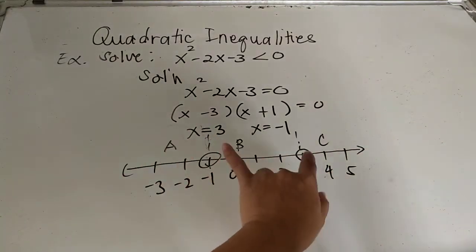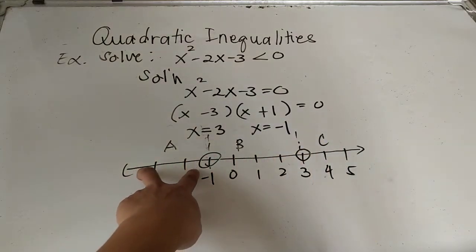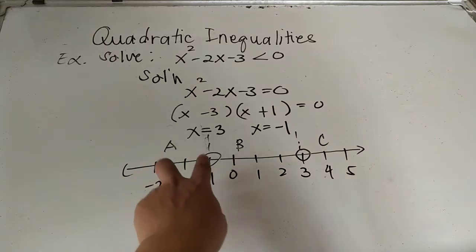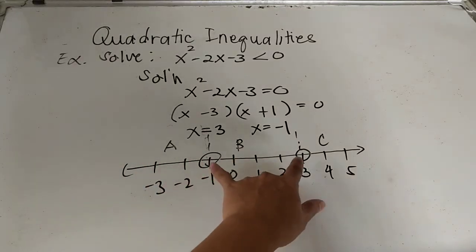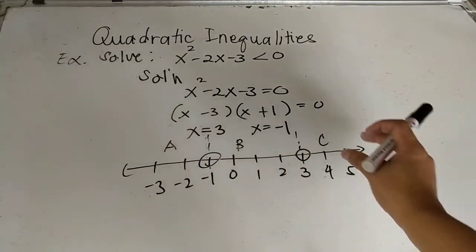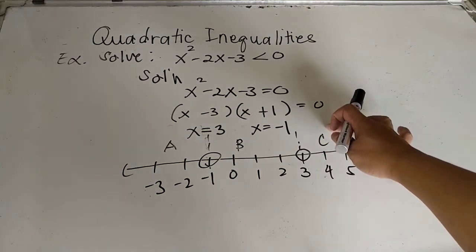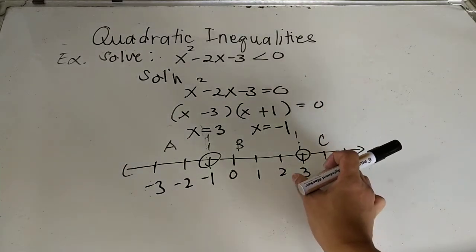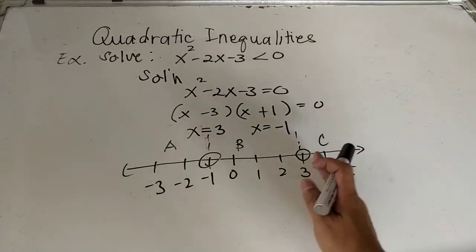Your A, your B, and then your C. Your region A will be the solution sets from your negative 1 up to negative infinity, and your region B will be the solution sets between the negative 1 and the positive 3, and yung region C naman natin will be the solution sets or the answers from positive 3 up to your positive infinity or on the right side of it.